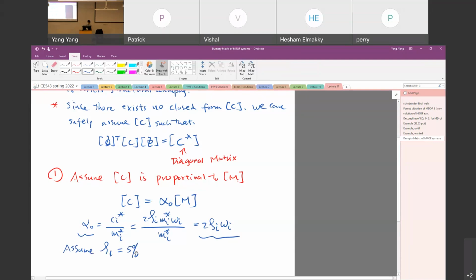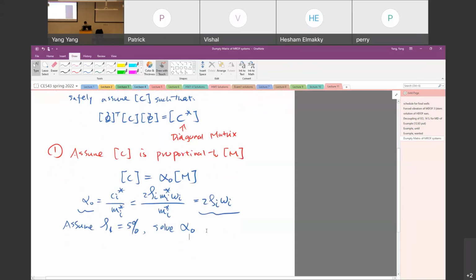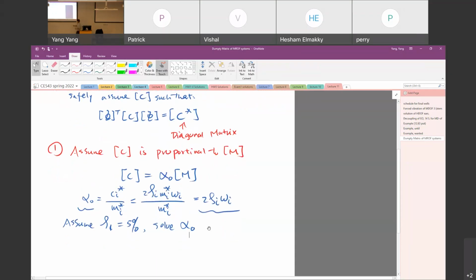For example, we can assume that the damping ratio for the first mode is equal to 5%. If we assume this equal to 5%, then we can have a value for alpha for any given structure, since omega 1 can be calculated. This is the first method.